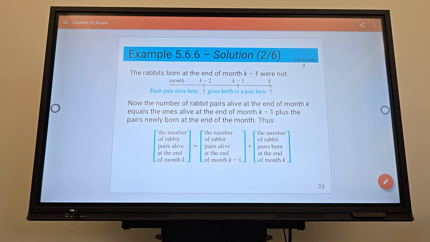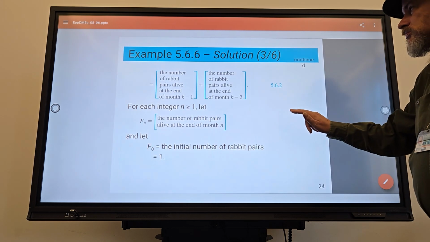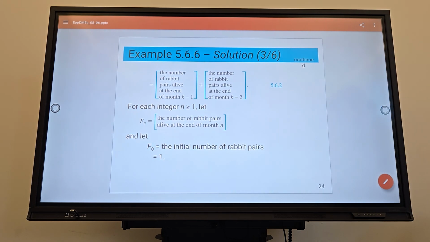Thus, the number of rabbit pairs alive at the end of month k equals the number alive at the end of month k minus 1, plus the number born at the end of month k, which equals the number alive at the end of month k minus 1, plus the number alive at the end of month k minus 2.